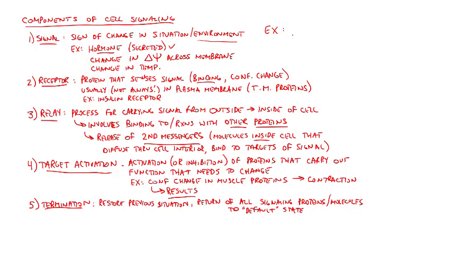The example that we're going to look at is epinephrine signaling. So let's take a look at cell signaling using as an example epinephrine, which is also known as adrenaline. You may know what adrenaline is.